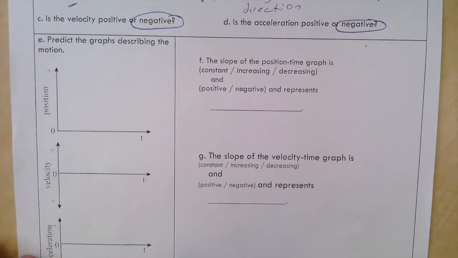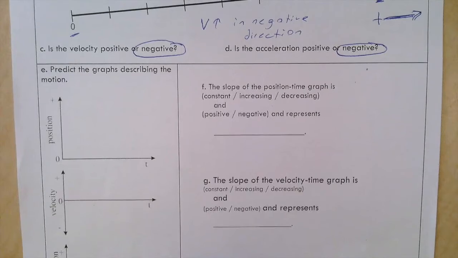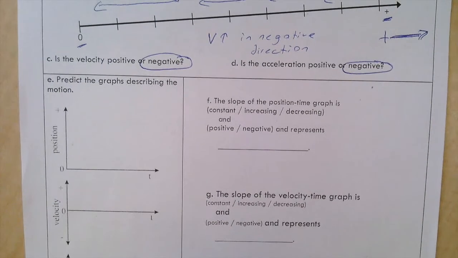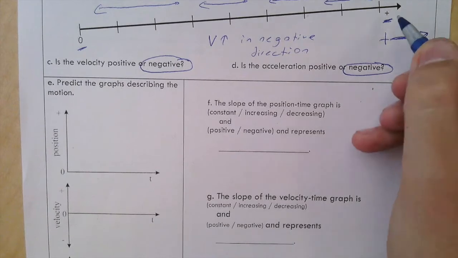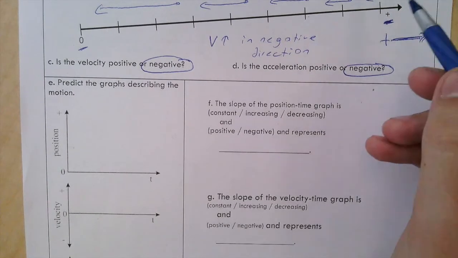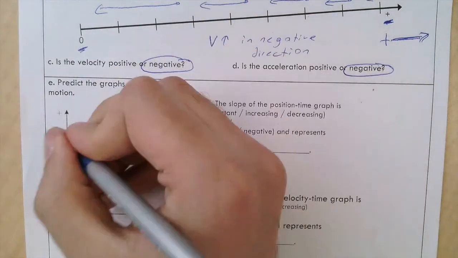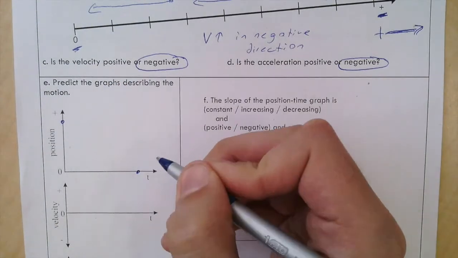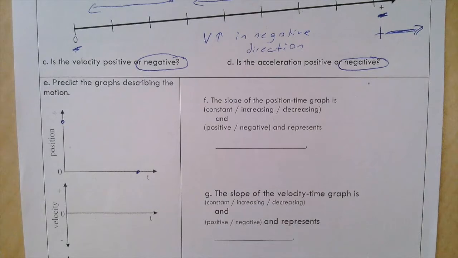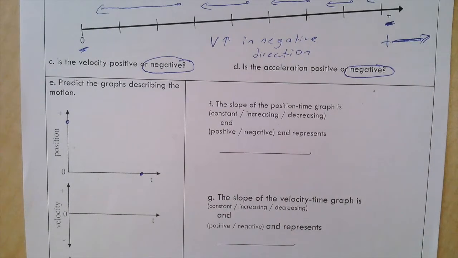Now we want to predict the graphs describing the motion. It starts off positive, and it goes to 0. So we know our position is going to start off positive and go to 0. But how is it going to go to 0? Remember that the slope of a position versus time graph is the velocity.